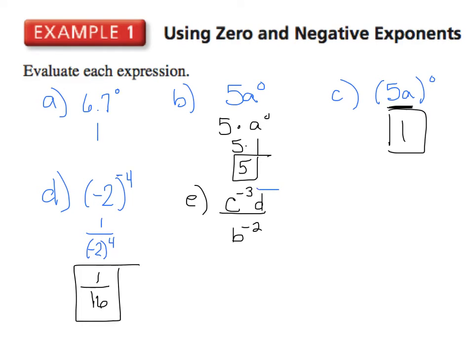So the c to the negative 3 is going to move to the bottom. The b to the negative 2 will go on top. And when you do that, they become positive. So this would become b squared d over c to the third. Now, why did the d stay on top? Because it already has a positive exponent, so we don't need to move it.